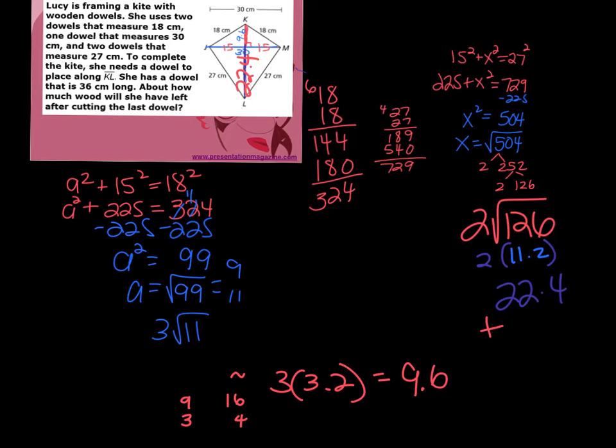So I've approximated one length to be 22.4, the other at 9.6, which means it's approximately 30 that I need to complete that side. How much would she have left is the question. Approximately 6 centimeters.